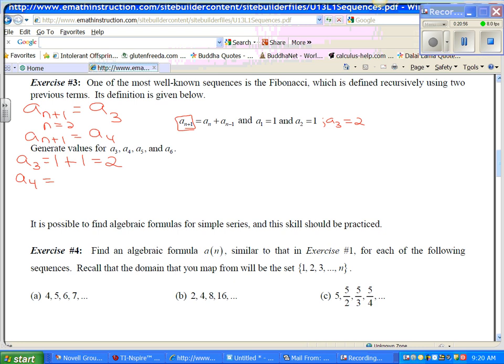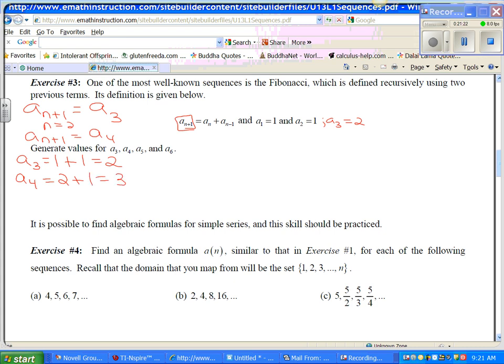You have to know what it is. So A sub n is going to be what now? A sub 3, which is 2, plus A sub n minus 1. What's n? Okay, so 3 minus 1 is 2. So A sub 2 is 1, which gives me 3.